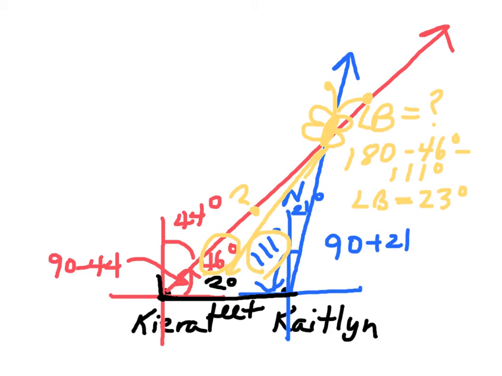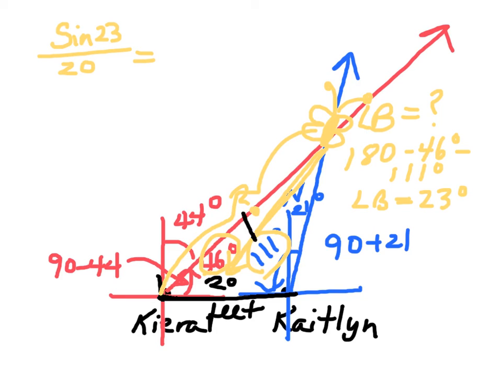So now that I know that that is my opposite leg to my angle, I'm going to set up sine of 23 degrees over my side B, which is 20 feet, is equal to, and this is where I need to know what I need to find. I see that my question mark is what I need to find. I need to find that length of that side right there from Kiera to the butterfly.